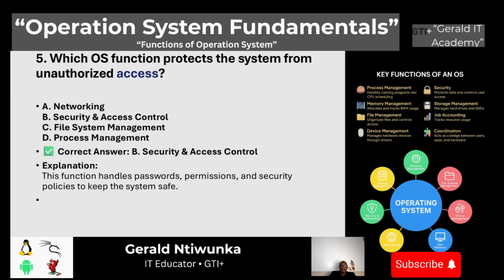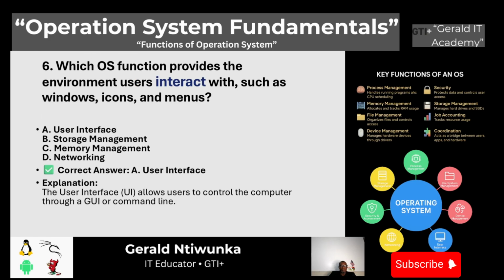You have the answer, you have the explanation. Number 6 says, which operating system function provides the environment users interact with, such as windows, icons and menus? The explanation is below. The answer is there. You go through it.